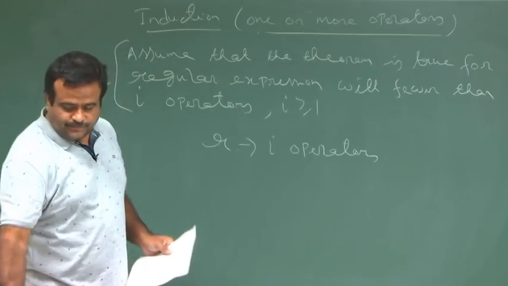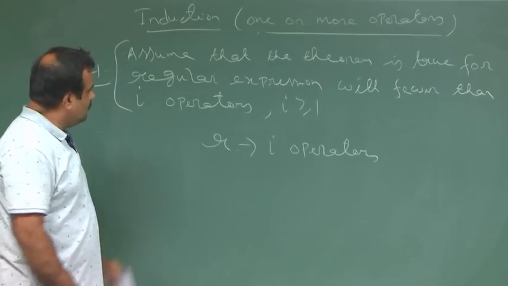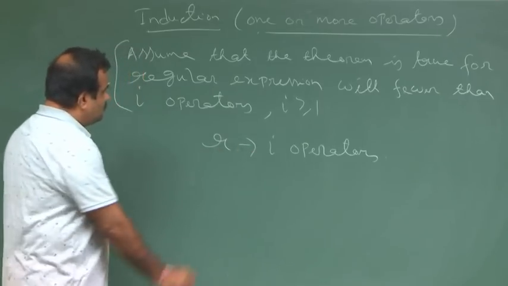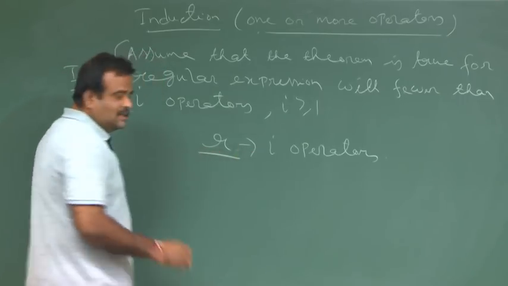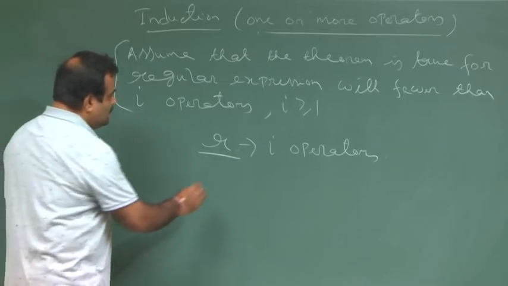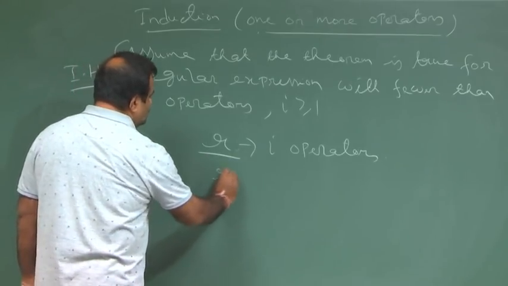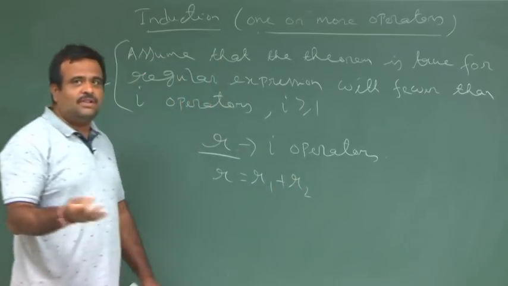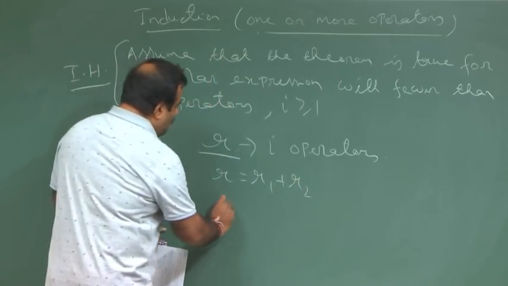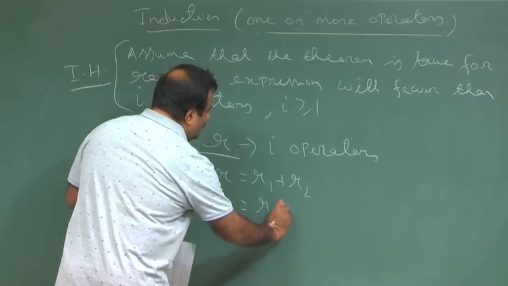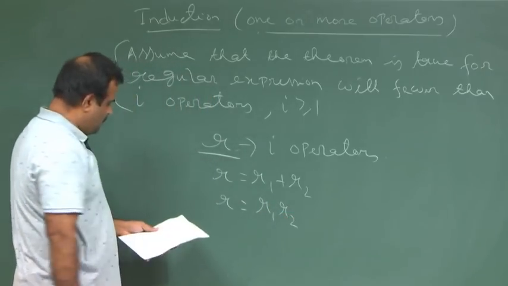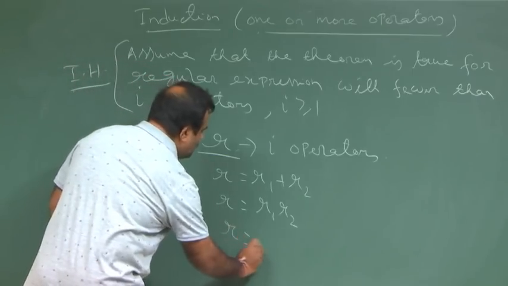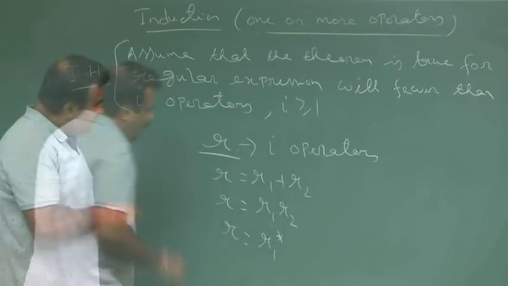So the idea is, for I operators, where I is more than 1, there will be 3 cases, because there are only 3 operators. Either R is R 1 plus R 2, or R is R 1 concatenated with R 2, or R is R 1 star. There are 3 possibilities.